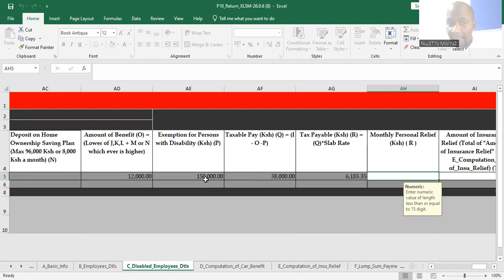This one we assumed as a salary of 200,000 minus 150, so it'll be left with 50. Now, how much are we asking to pay? 38. That is 50 minus 12, because there's a deduction for the pension. What we are saying is persons with disability earning salaries of less than 150,000, those ones do not know what tax is. For some good reason, affirmative action.